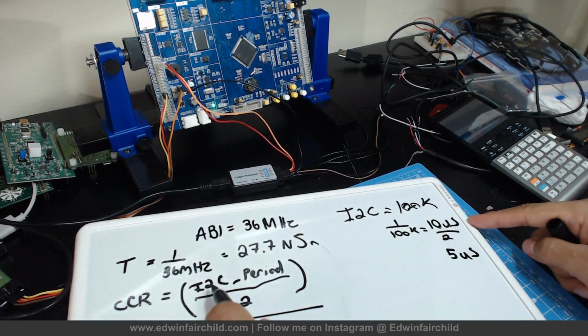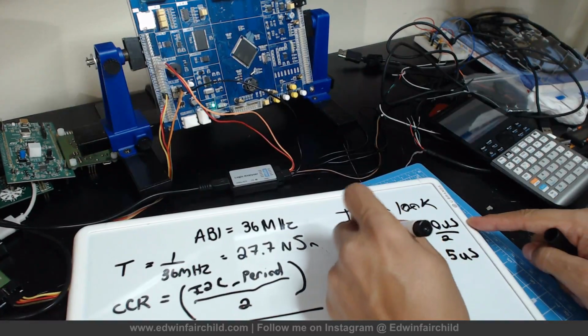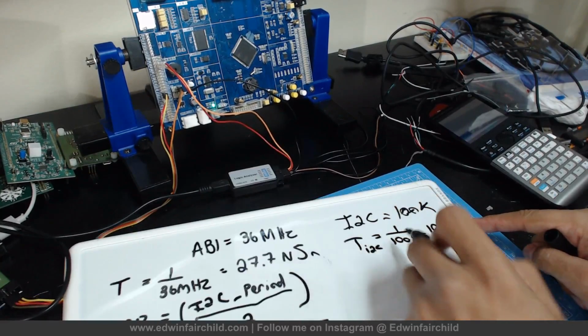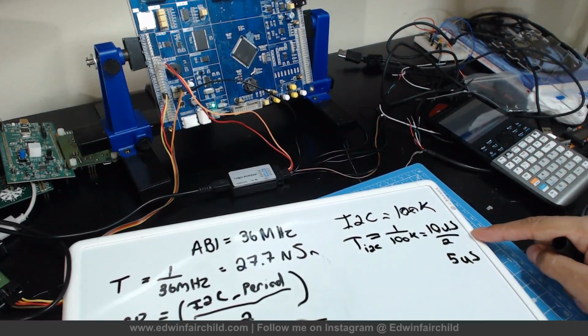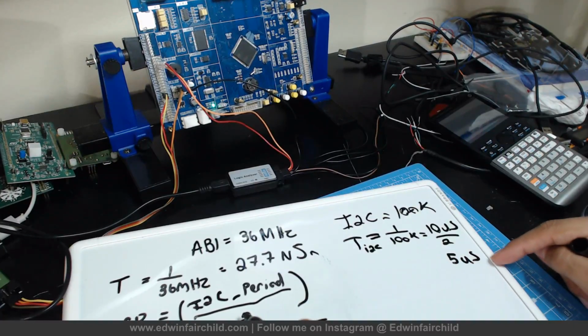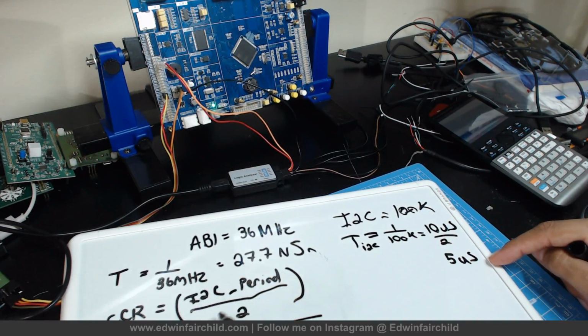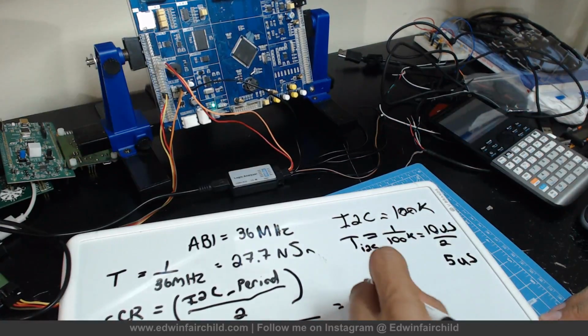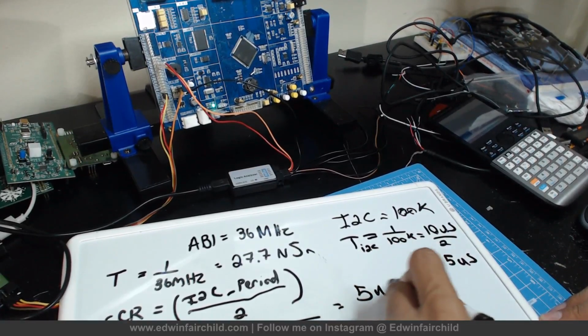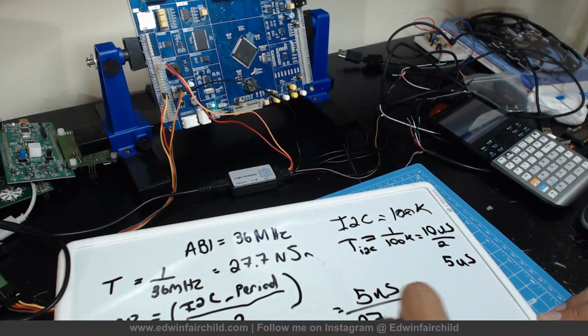So the I2C period, T of I2C, divided by 2, which is 5 microseconds, all divided by this number that we figured out here. So it's going to be 5 microseconds divided by 27.7 nanoseconds.